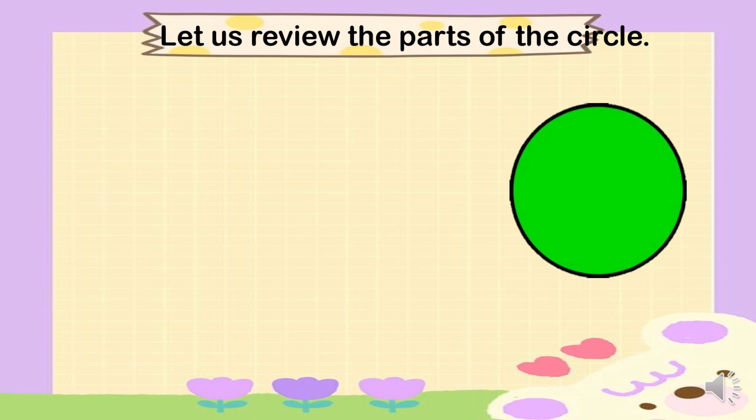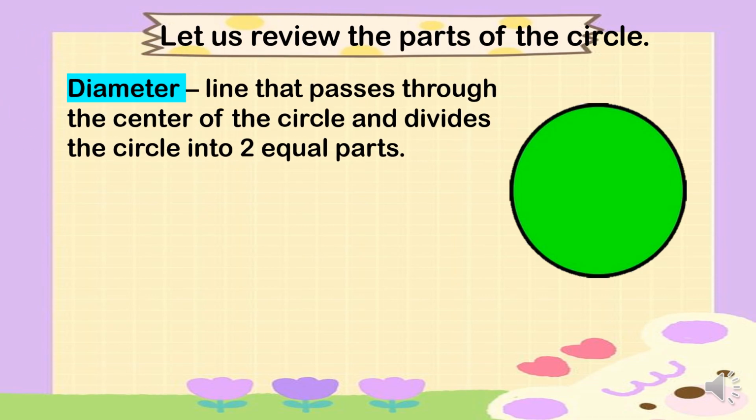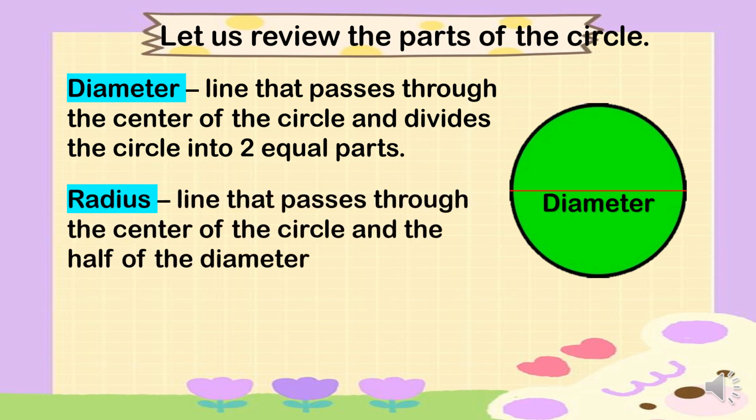Let us review the parts of the circle. First, we have diameter. Diameter is the line that passes through the center of the circle and divides the circle into two equal parts. So we call that diameter. Second, we have a line that passes through the center of the circle and is half of the diameter, and we call that radius.